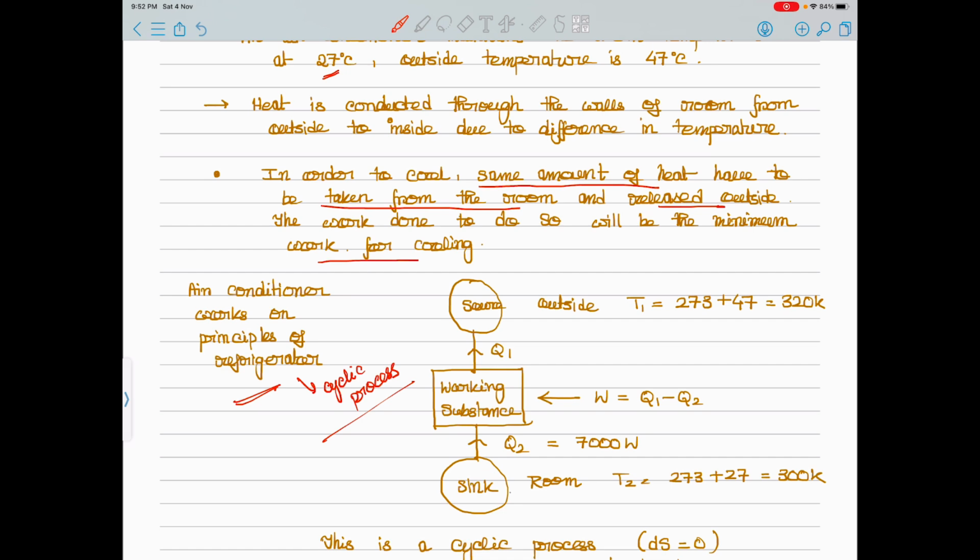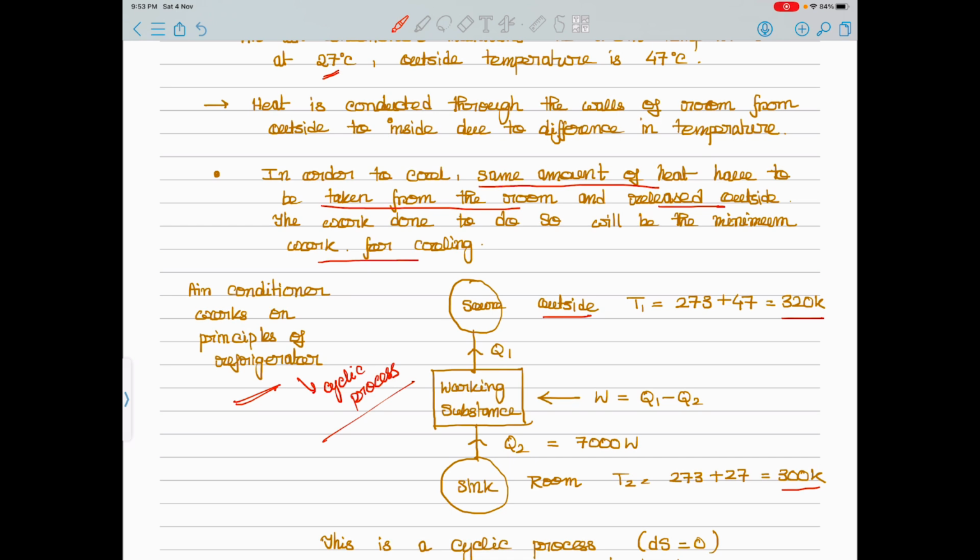The sink, already having low temperature, will further cool, and it will release the amount Q1 to the outside source. So the source in this case is the outside temperature, about 320 Kelvin, 47 degrees Celsius, and the sink is our room where the air conditioner is applied, which is 300 Kelvin, 27 degrees Celsius, and the compressor will do the work.